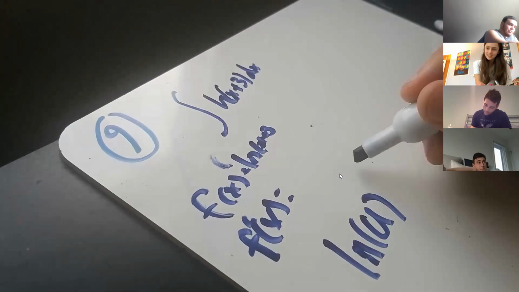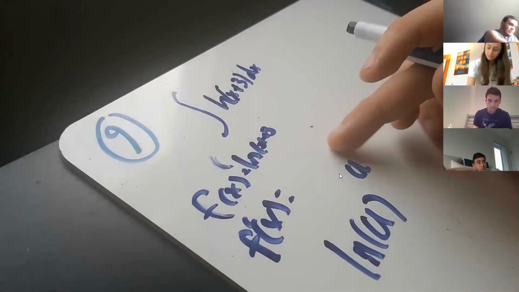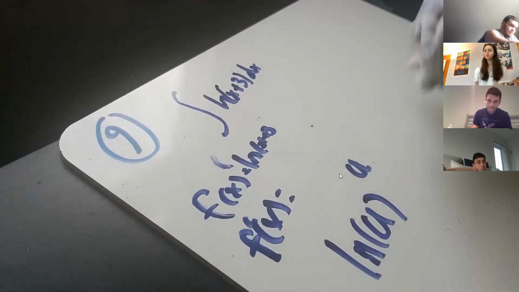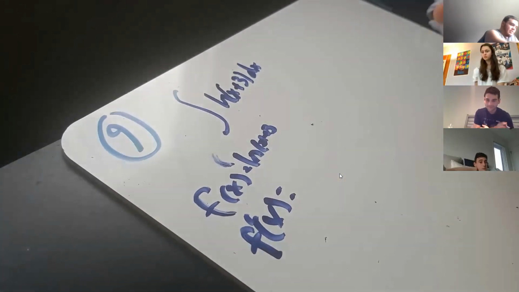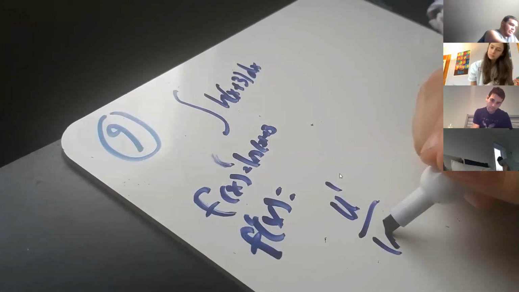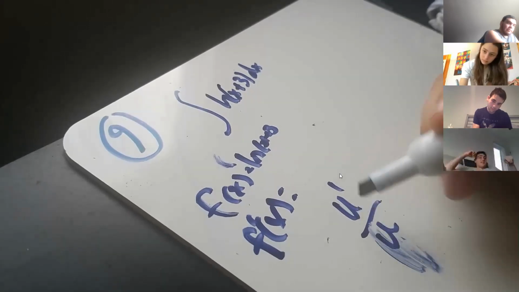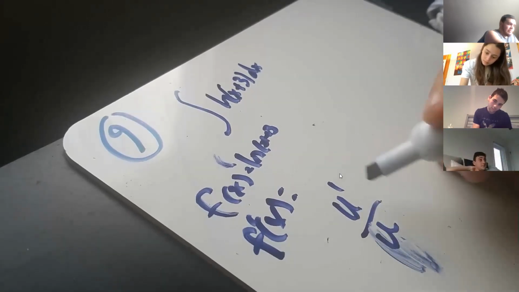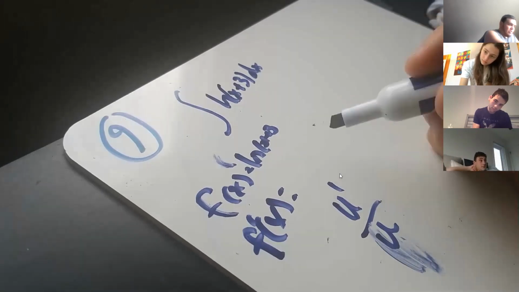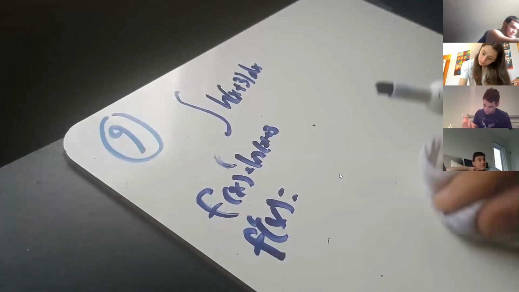When I say u substitution in this case, I'm talking about u substitution in deriving. So it's u prime over u. That's the derivative of ln using u substitution. Now u prime happens to be 1, so that's very nice for us.